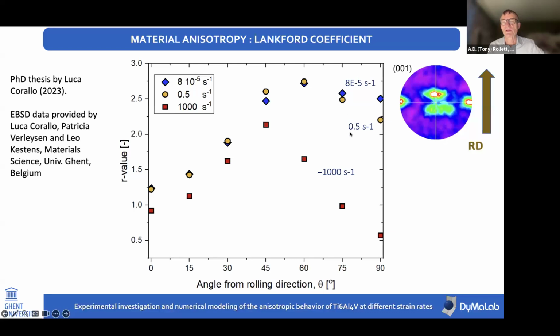If you test at half per second, those are the sort of ochre colored points, but pretty similar to what you see at the slow strain rate. But if you test at very high rate, 1,000 per second, then they're somewhat similar going out to 45 degrees, and then completely different, really, really different at high angles.